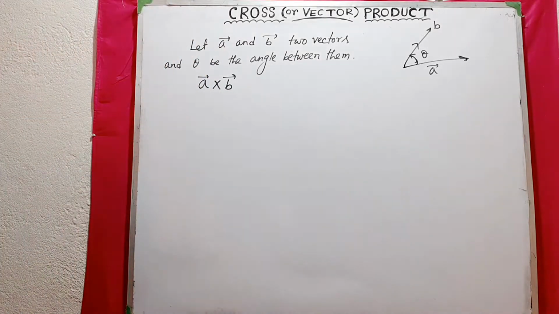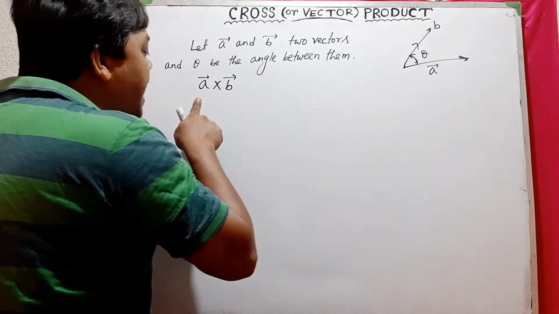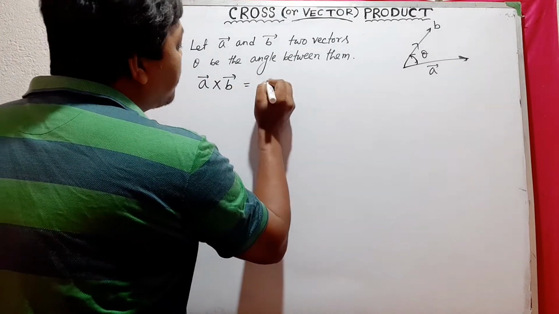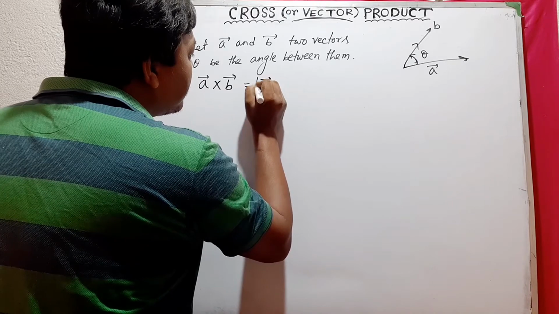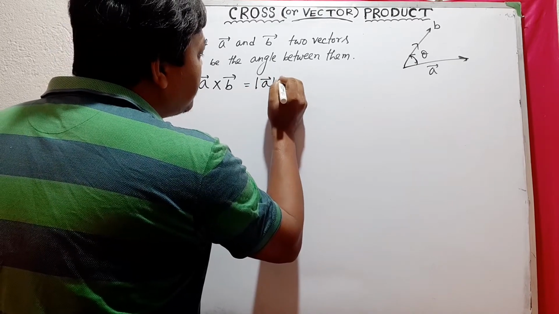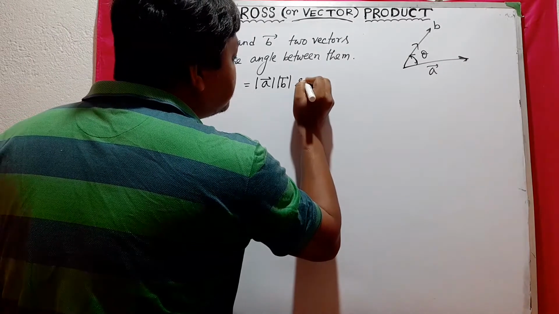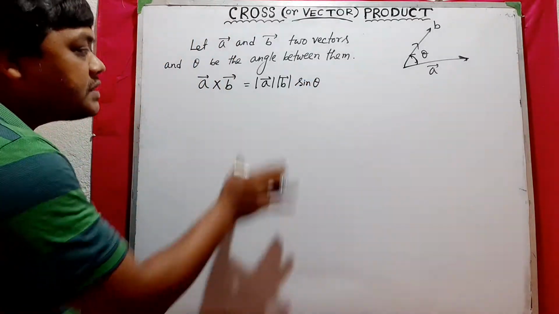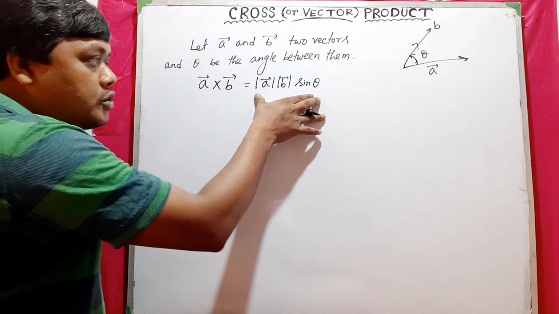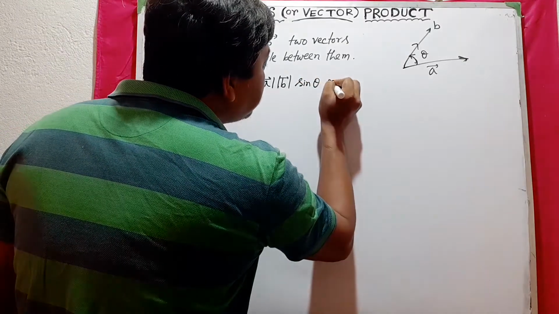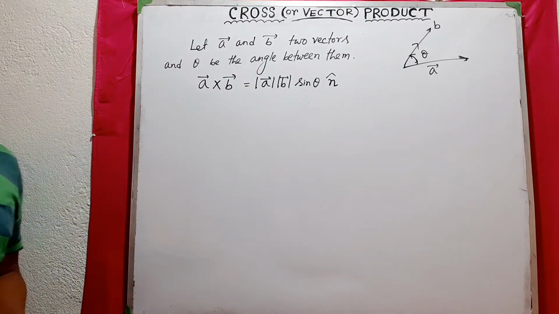Clear? So the definition is that A cross B equals modulus of A, modulus of B, sine of the angle between them. So this is the scalar quantity till now, and n cap vector. What is n cap vector?